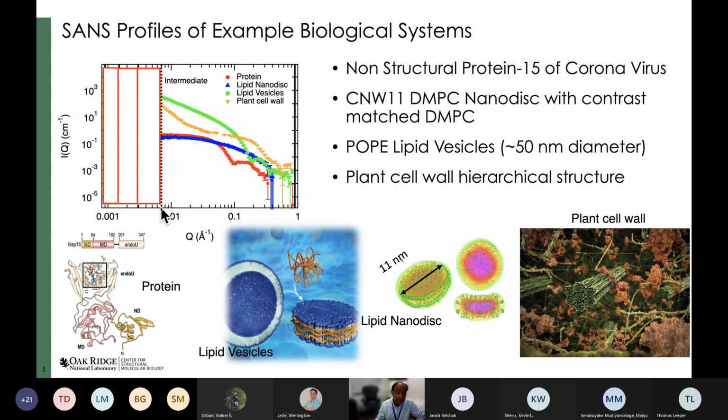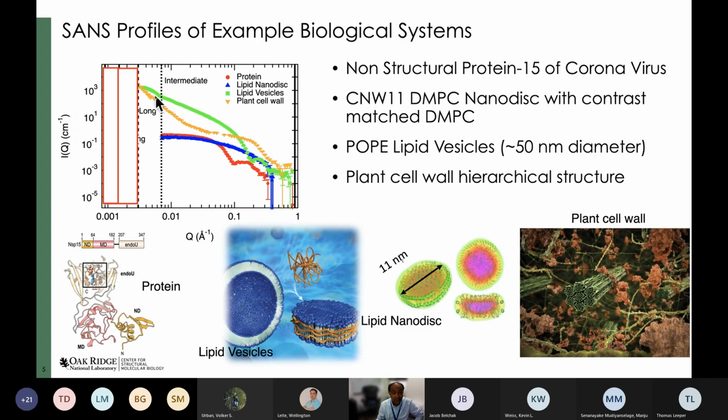But in the case of even the nanolipid system, it seems good here. But in the other two cases, you see that the data is still climbing up, which means if you need that information, you need to go to much lower Q.